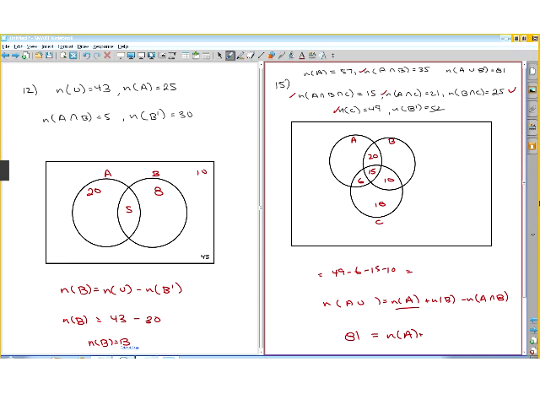Actually, we're doing B, so let's do that. I just picked the wrong thing, so let's do this again. A and C. Actually, we can't do that one yet because these two are unknown, and I don't think we can work that out. So I think we have to use this one.